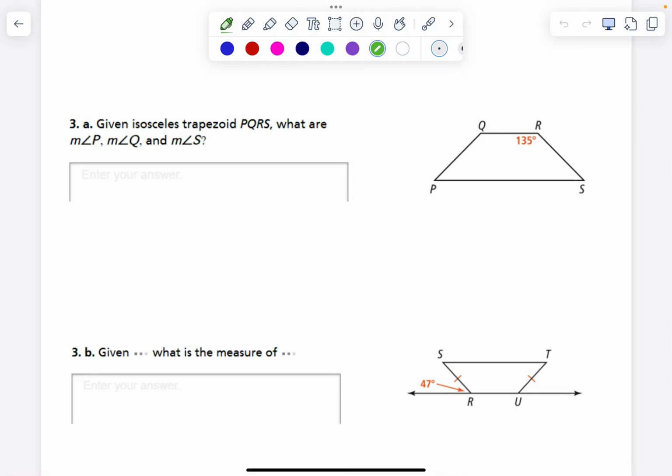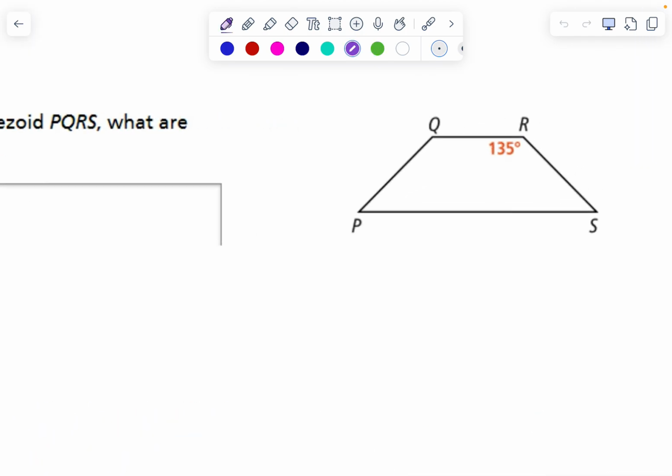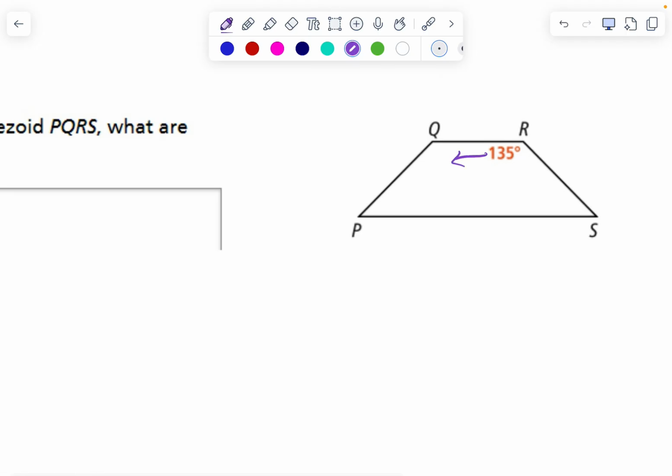Okay, so here's an example. If angle R is 135, what are the other 3? Well, which direction should you go? Meaning you could go here or here, I guess, is how I would think of it. Yeah, I would go here first because what is true about angle Q and angle R? Yeah, those are congruent.